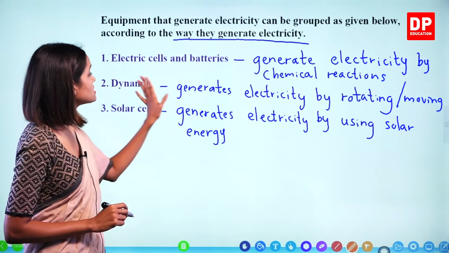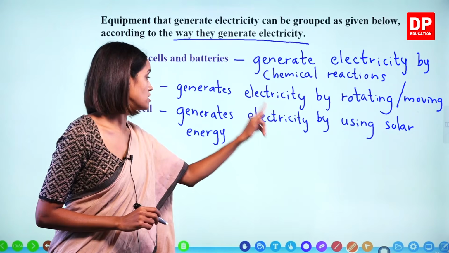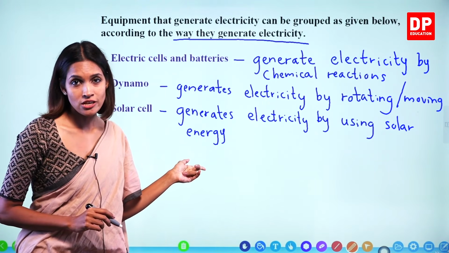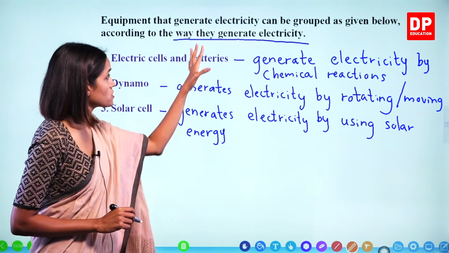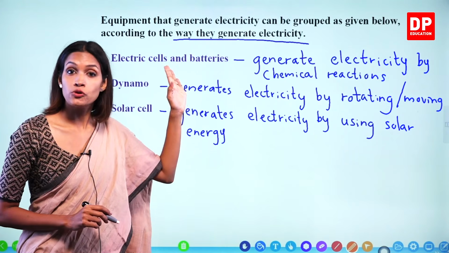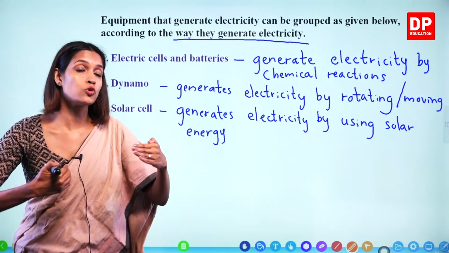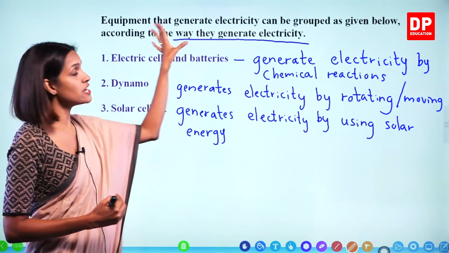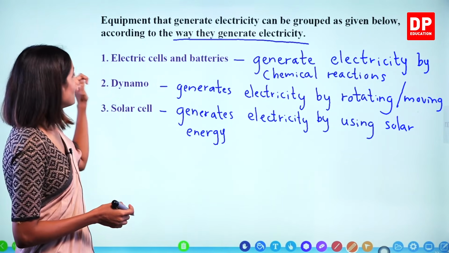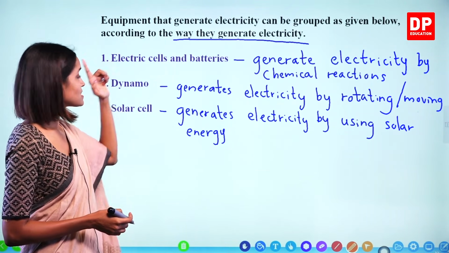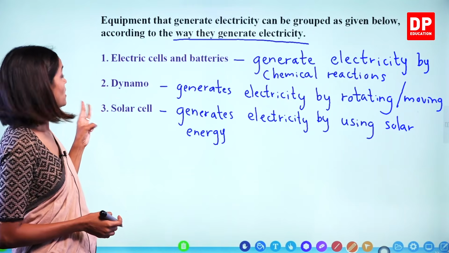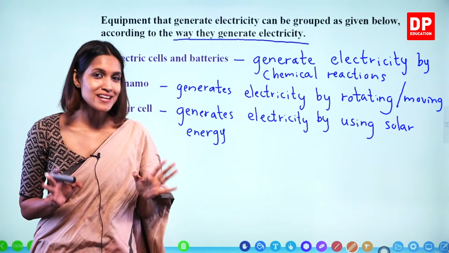And solar cell generates electricity by using solar energy. It means all the sources of electricity, or the things that generate electricity, there are three main groups based on the way they generate electricity. Electric cells and batteries, dynamos and solar cells. Understand, children?